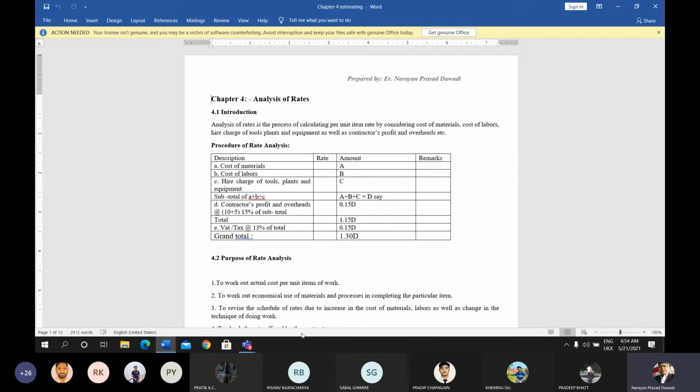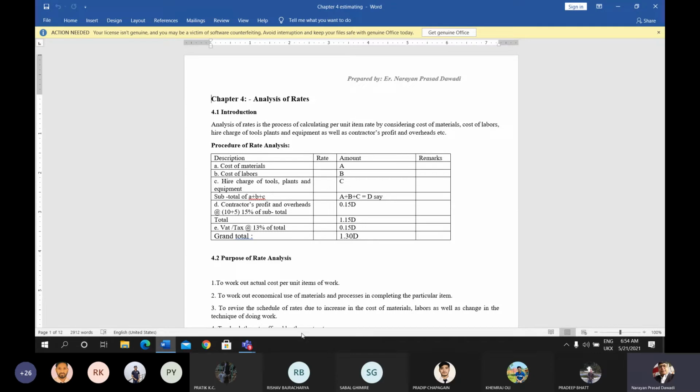That cost may lead the project cost higher. So if we don't have sufficient budget for the construction of the project, then we have to replace that marble floor by a simple cement plaster floor. That will be the process and the economical use of material and process.